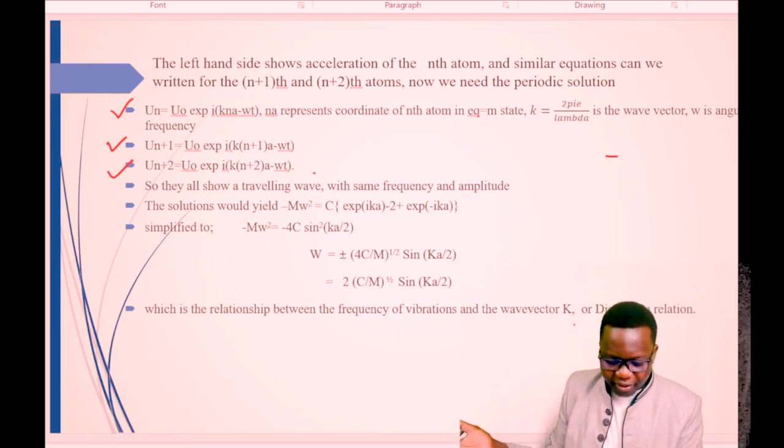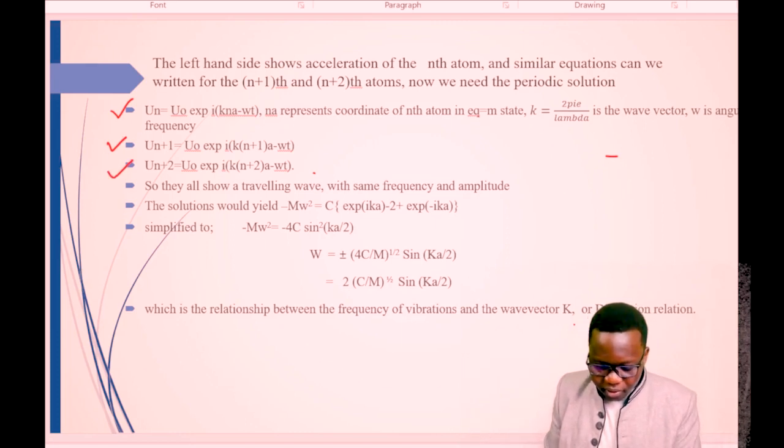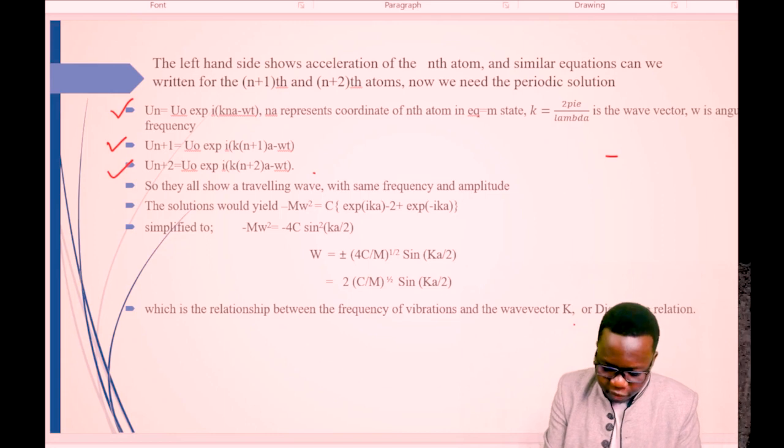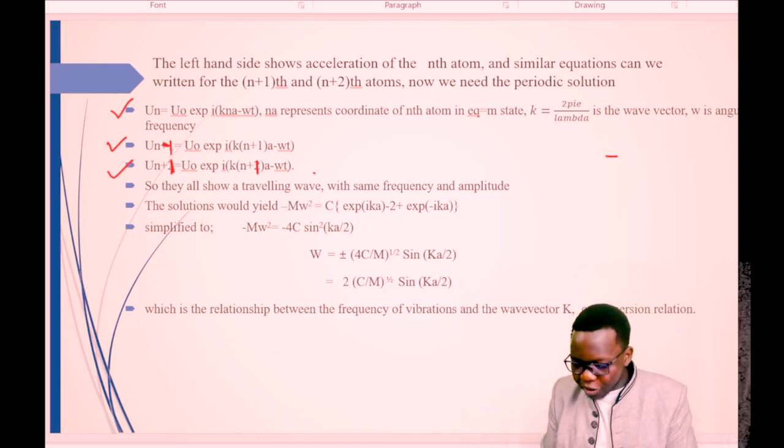Something is wrong here. We are looking at one on the right, one on the left. So this is n minus 1, and this will be n plus 1. So one on the left and one on the right.